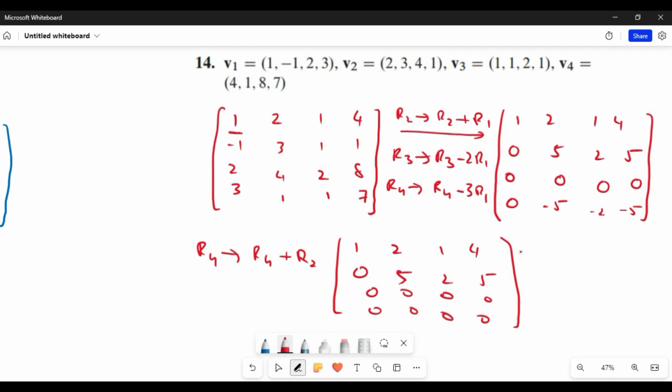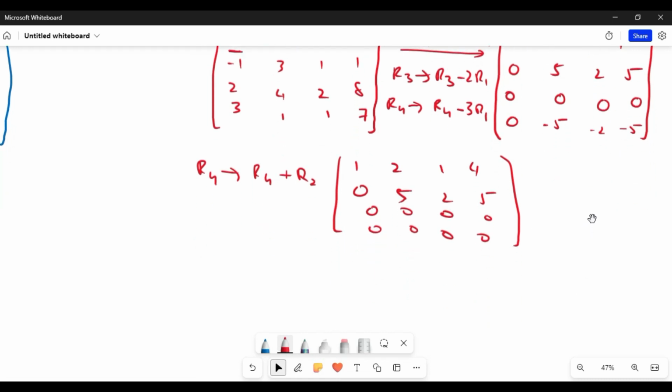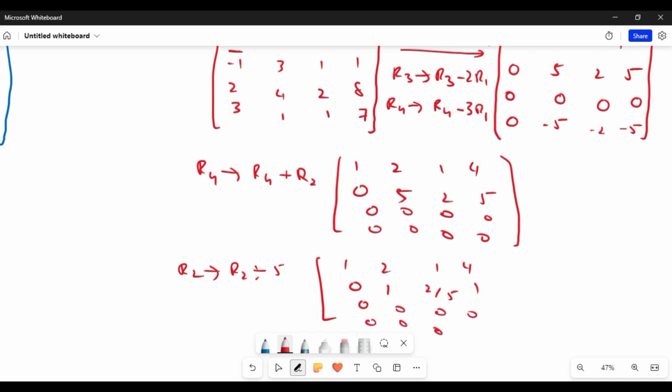Now we need to convert the second column element into 1, see, R2 can be R2 divided by 5. What we get is first row 1 2 1 4, second row 0 1 2 over 5 1, third row is a 0 row, fourth row is also a 0 row.